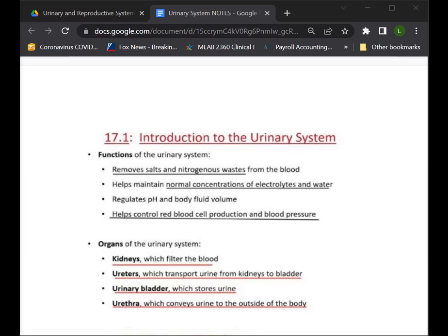Be careful not to confuse urethra and ureter. Ureters go from kidney to bladder, but urethra goes from bladder to the outside. Very important to definitely know the difference between them.